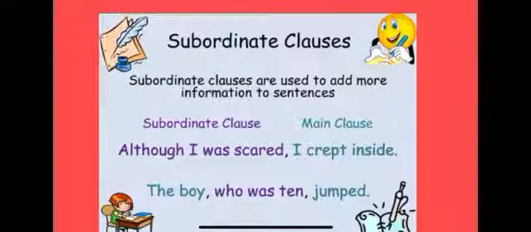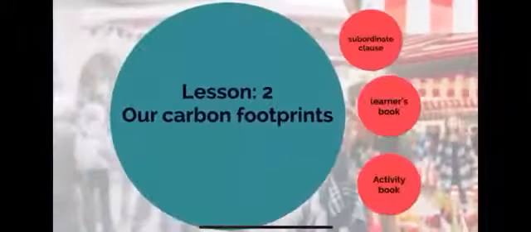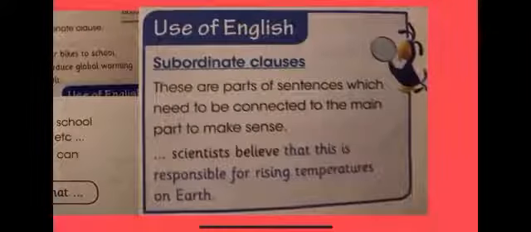Okay, so now let's move towards the learner's book. On the learner's book, here's a language detective. It's written use of English subordinate clauses. These are parts of sentences which need to be connected to the main part to make sense. Scientists believe that this is responsible for rising temperatures on Earth.